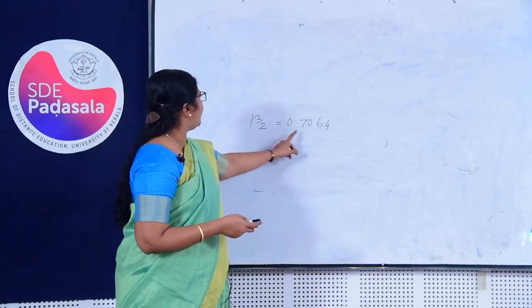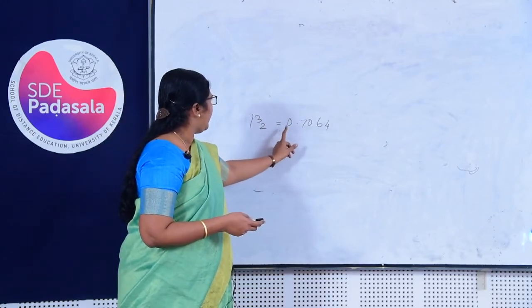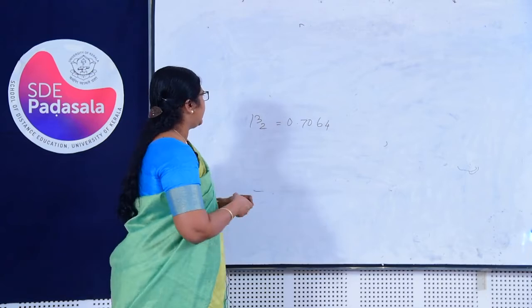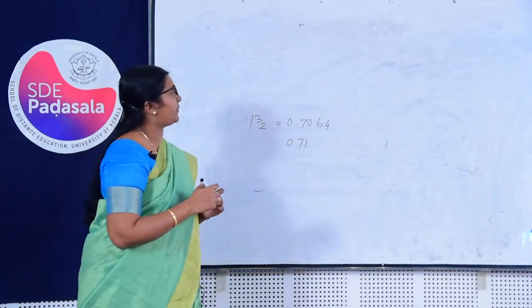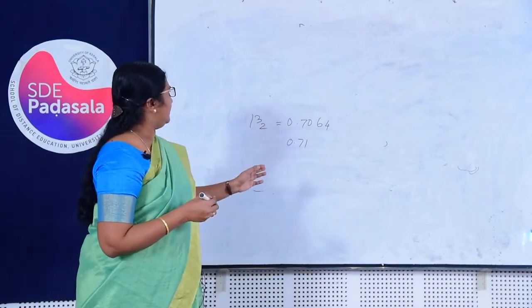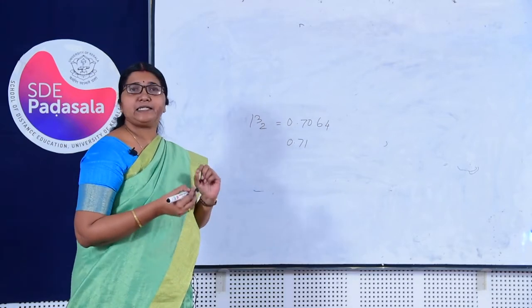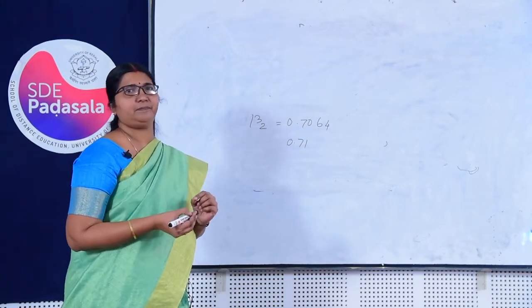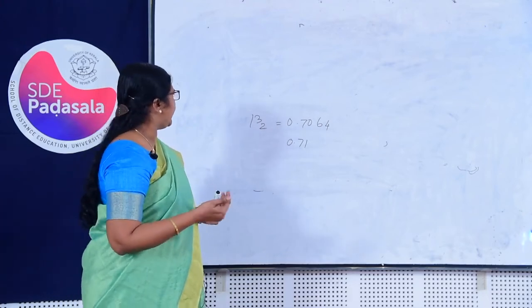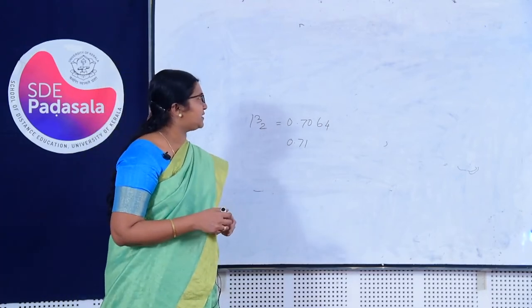Here also we obtained that beta 2 is almost equal to 0.71. So, we have to test the significance of this parameter, test the significance of the estimate. There are many methods to test the significance of the estimate.